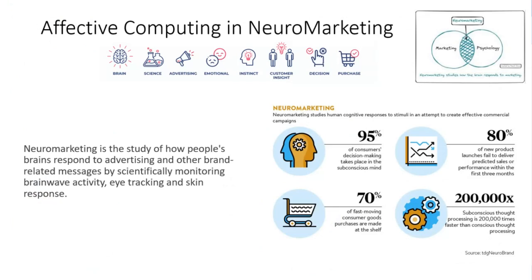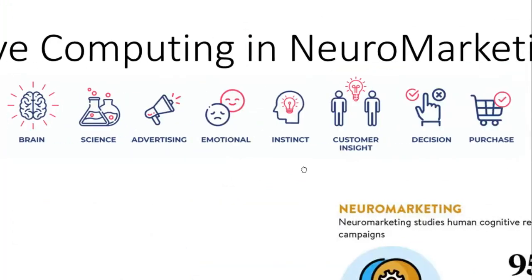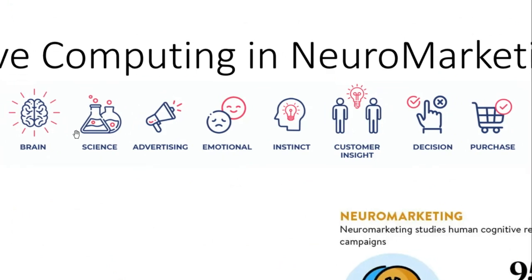Yeah, and neuromarketing is generally the combination of marketing and psychology together. So how does the brain respond to marketing? That's all it's about. And in the course of neuromarketing, you're able to study the human brain using scientific approaches for the purpose of advertisement, and also you understand human emotion, sentiment analysis, and human instinct.